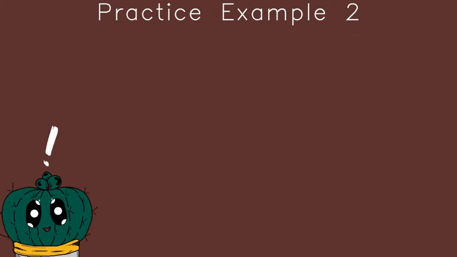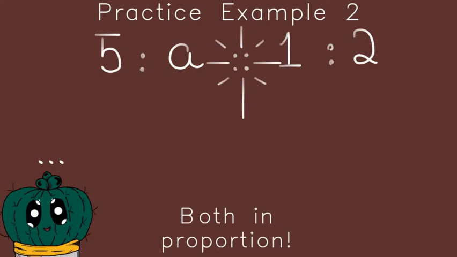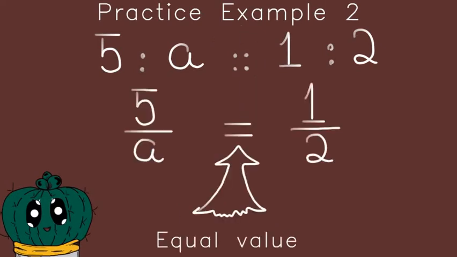Let's say again you want to find the value of a. You see the proportion symbol, so you can write 5 divided by a is equal to 1/2, because proportion means that the ratio on the left hand side is equal to the ratio on the right hand side, in this case 1/2.